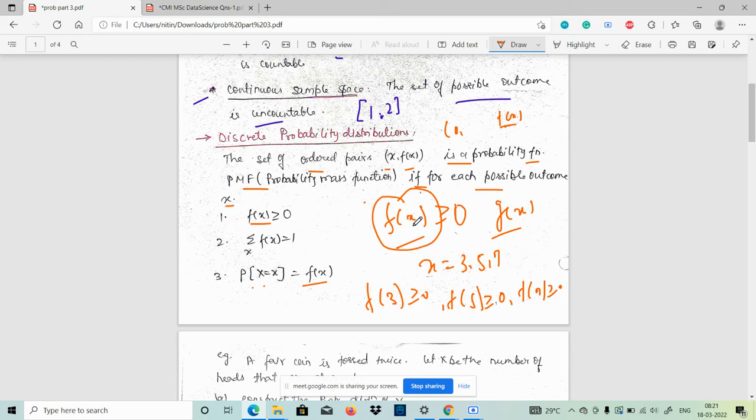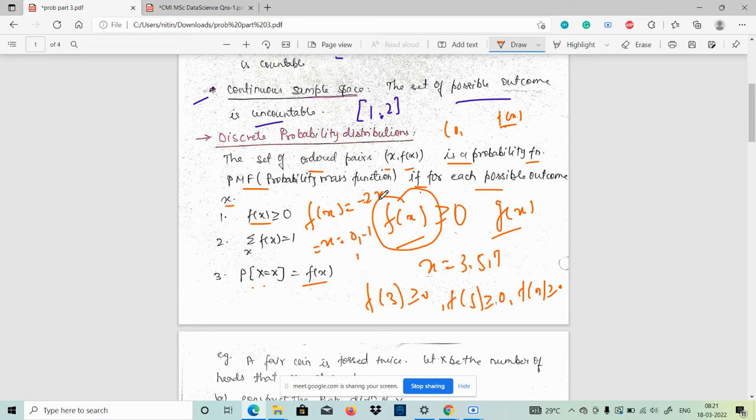You will be given a function defined for a discrete sample space, and when you put in all those points one by one, you will get numbers greater than zero. If it gives some negative value, it will not be a probability mass function. Let's say I define a probability mass function f(x) equal to minus 2x, defined for x equal to 0, minus 1 and 1.